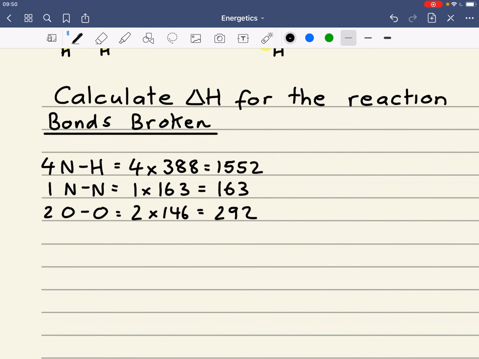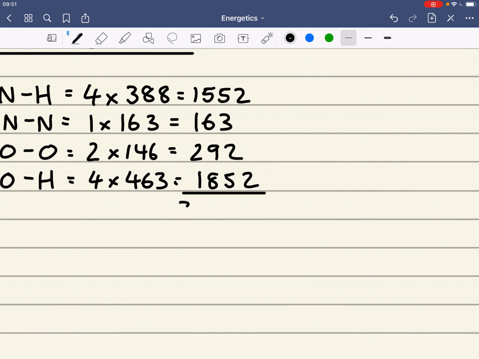So I've got 4 O-H. That's equal to 4 times 463. And that then is equal to 1852. So what you do then is you add up all these numbers, and when you do that, you get 3859. That's likely to get you 1 mark in an exam.